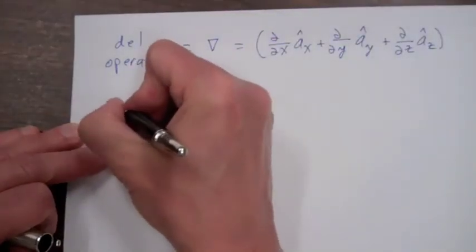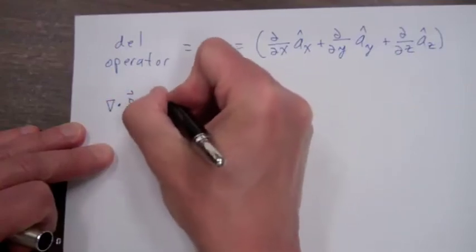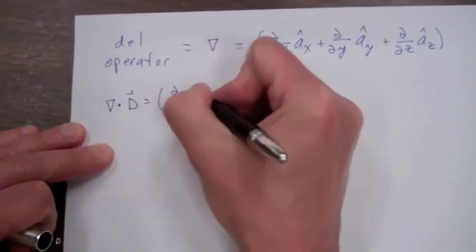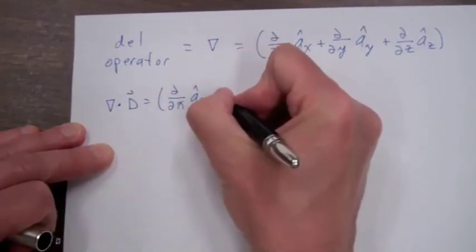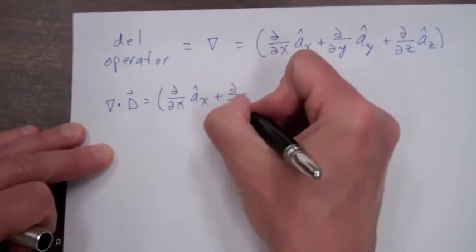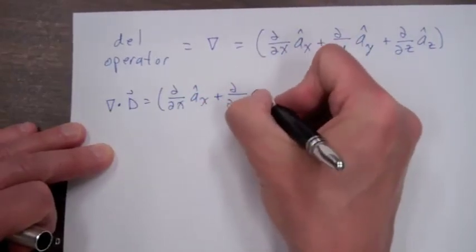So del dot d will just be the dot product of the del operator with the electric flux density field.